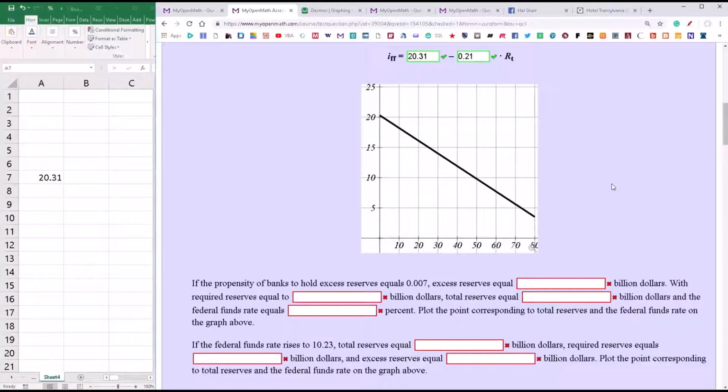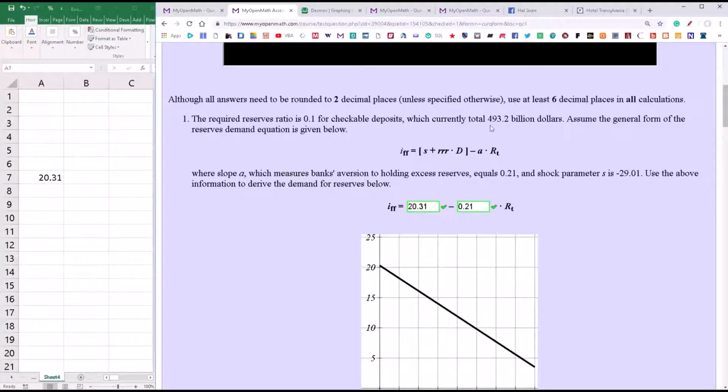If the propensity of banks to hold excess reserves equals 0.007, what do excess reserves equal? Well, all we're going to do, like we did with required reserves, is multiply this excess reserves ratio by the total amount of checking account balances in the banking system.